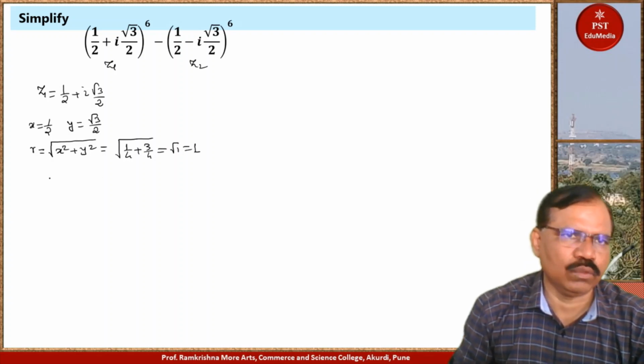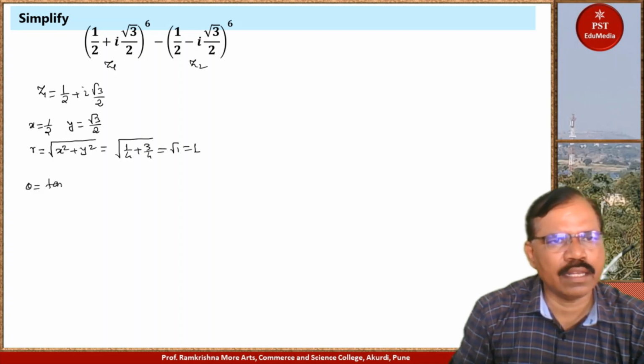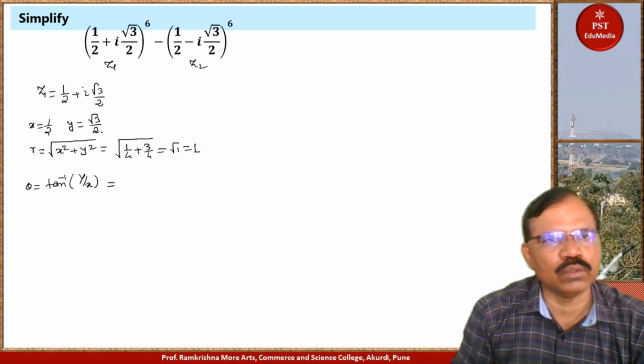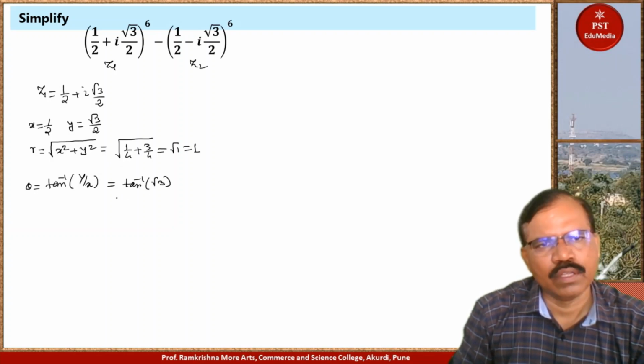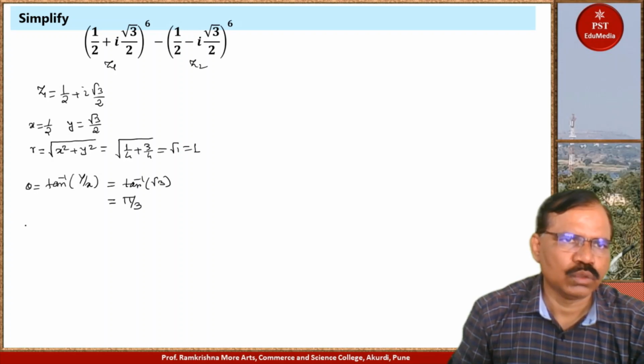So we got r is equal to 1. And what is theta? Theta is tan inverse y by x. So y is root 3 by 2 upon 1 half, so you will get tan inverse root 3. So theta is pi by 3.